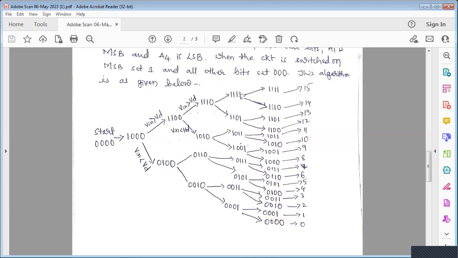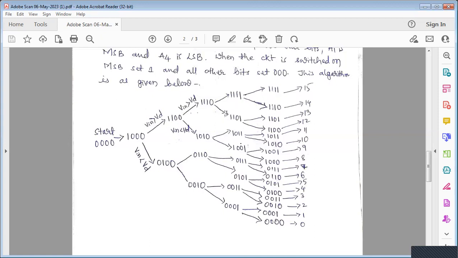This is the condition. The last bit which was set has to be reset. That is why this LSB becomes 0 here. And next, we have to set the next bit, but there is no bit, as we have only 4 bits. So you have to stop here.